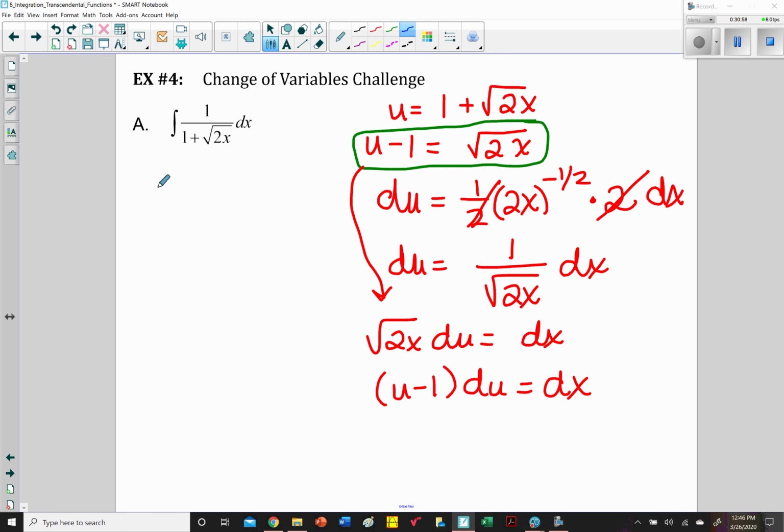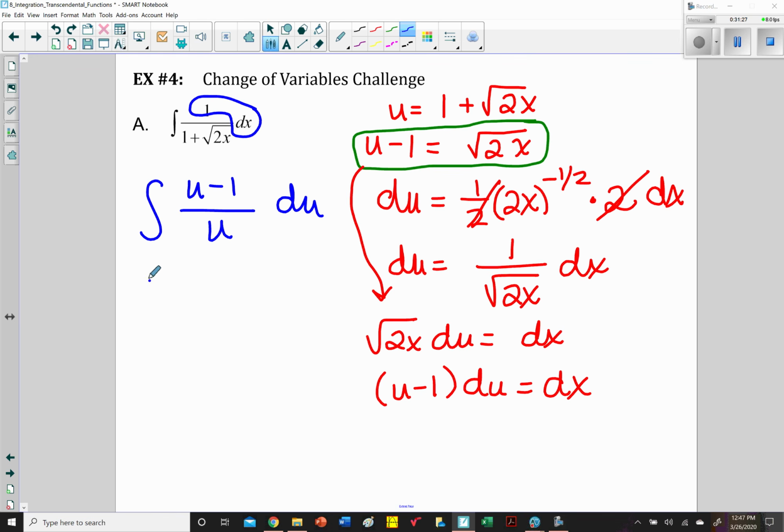And we're going to integrate what's in the top, u minus 1. So dx is u minus 1 du. I'm replacing this. And in the bottom, 1 plus radical 2x is my u.